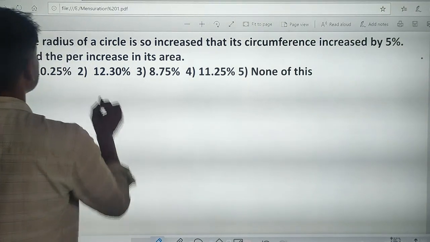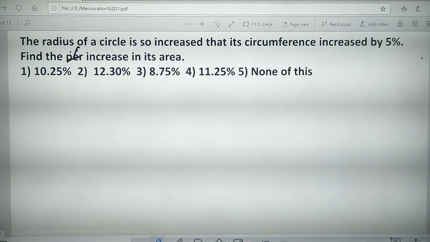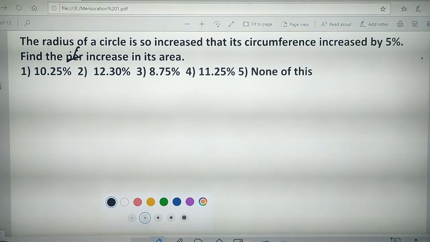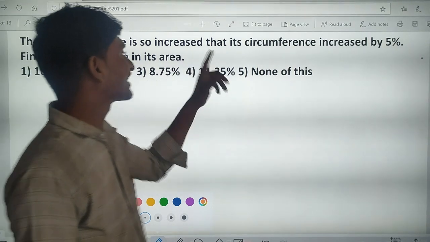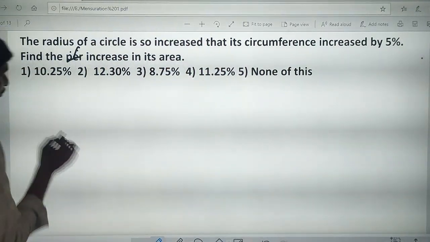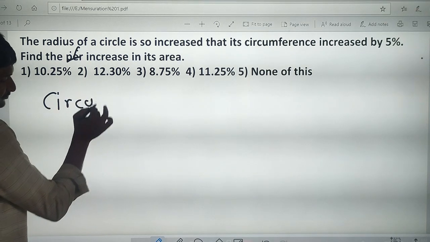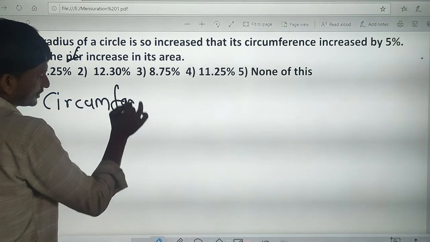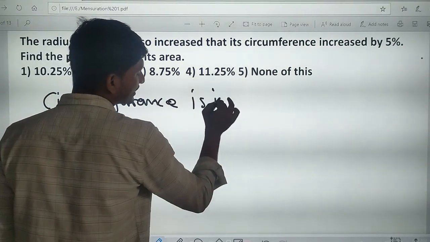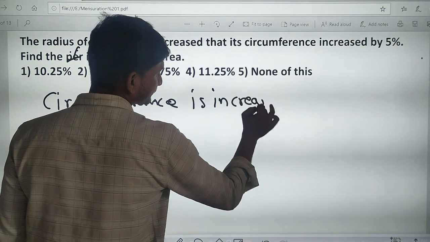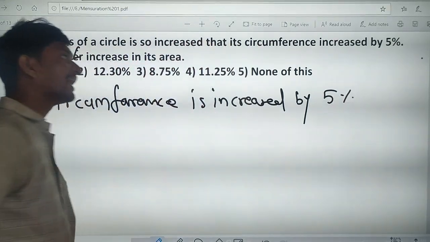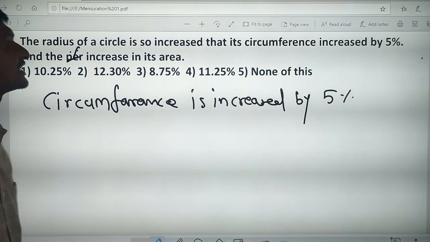Here the radius of the circle is increased so that circumference is increased by 5%. Then your radius is also increased by 5%.